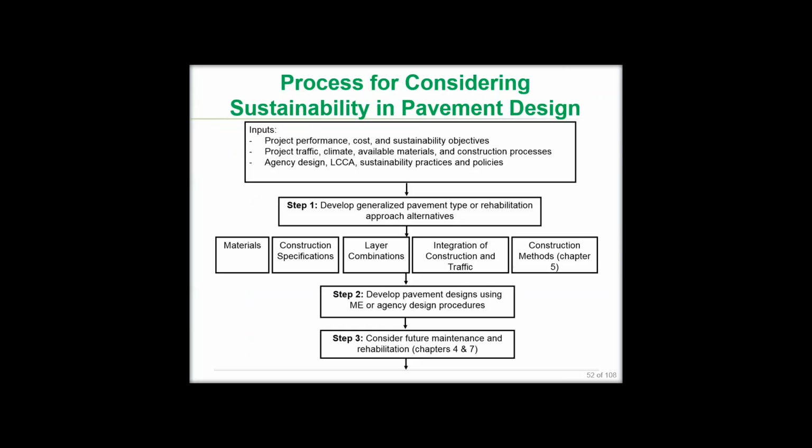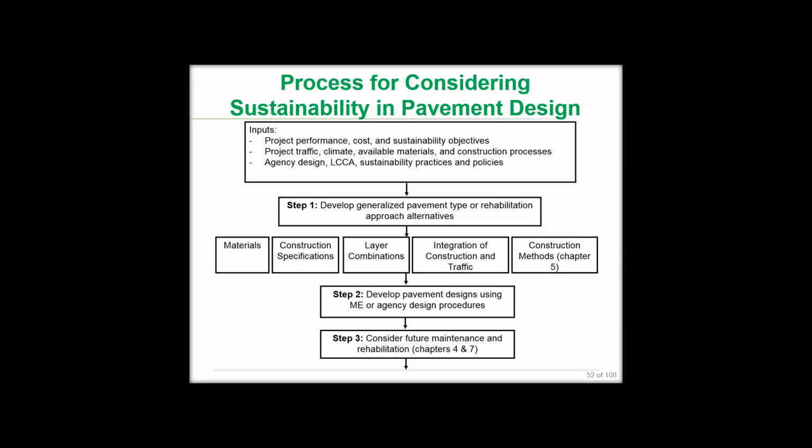A general approach for considering sustainability in pavement design is shown in this flow chart, which is in the reference document that was mentioned. We need to consider the inputs in terms of cost and sustainability objectives, the design inputs, and then our practices for cost assessment, sustainability assessment, and design.